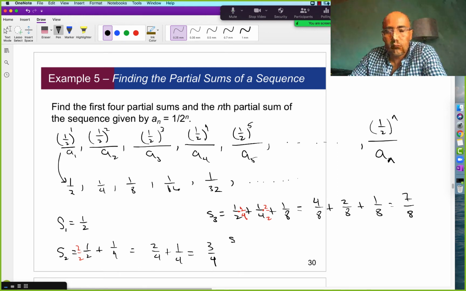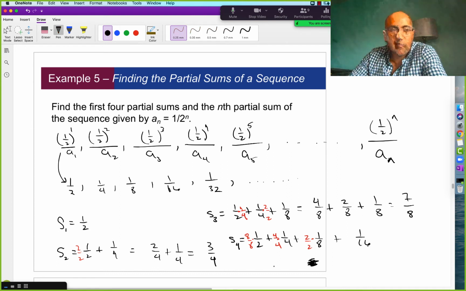Good. And then finally the fourth one, it said find the first 4 partial sums. The fourth one on my list is 1/2 plus 1/4 plus 1/8 plus 1/16. Right, the sum of the first 4. And the common denominator is that 16, so let's multiply this by 2 over 2, multiply this by 4 over 4, and multiply this by 8 over 8.